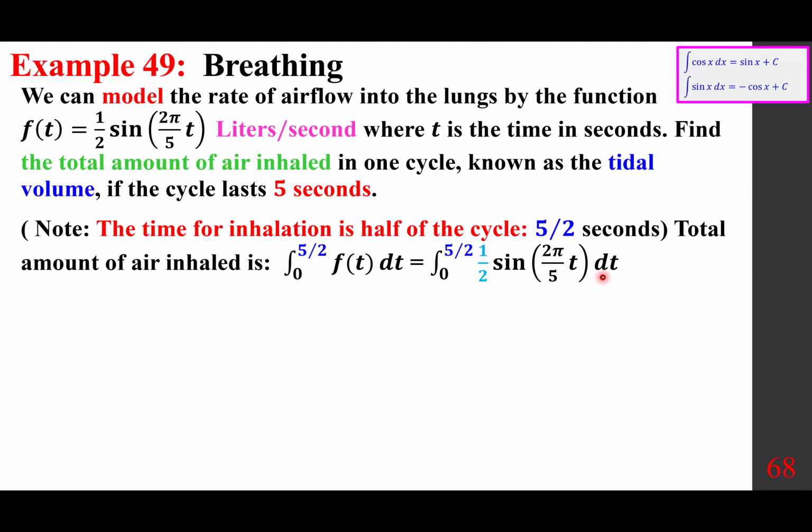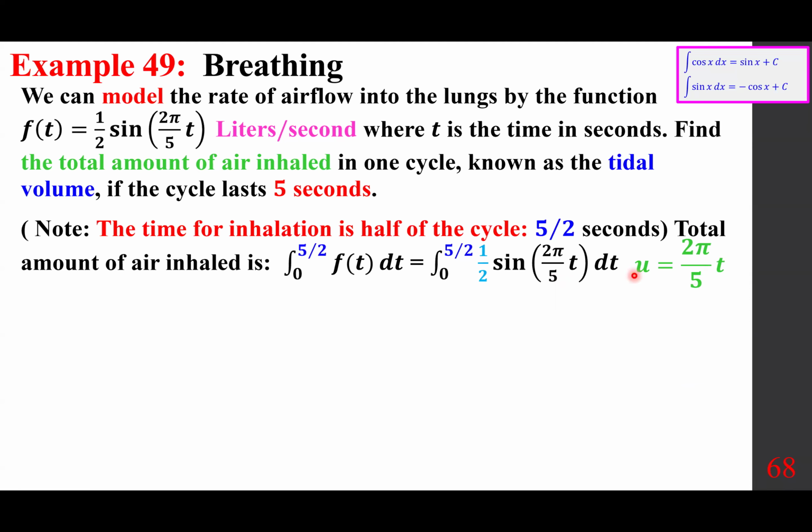All right. Whenever you want to integrate a sinusoidal function, you look at its argument. If the argument is x or t or theta, so be it. Otherwise, the argument is the choice of u. So the argument 2 pi over 5 times t is the choice of u. The derivative is 2 pi over 5.